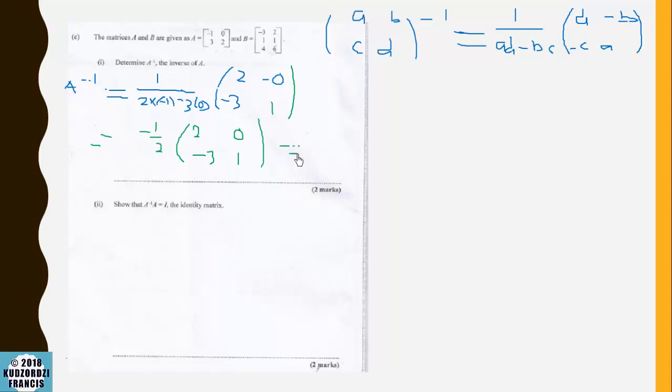So this will simplify to 2 over negative 2, 0 over 2, negative 3 over 2, then negative 1 over 2.